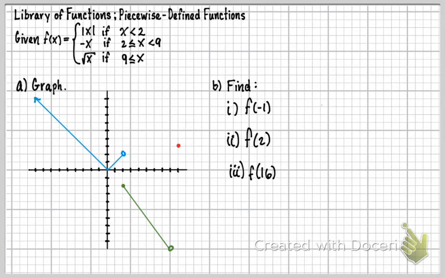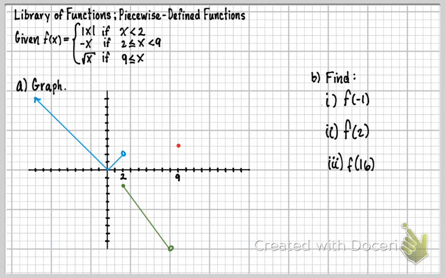So now I'm going to have to add some more notches and extend my x-axis, so give me a second on that. So I also put the 2 and the 9 in there so we know where our breaks are at. And then from here on out, the square root function generally looks like this here. But we're not using any of that previous stuff, so we're just going to go after that.